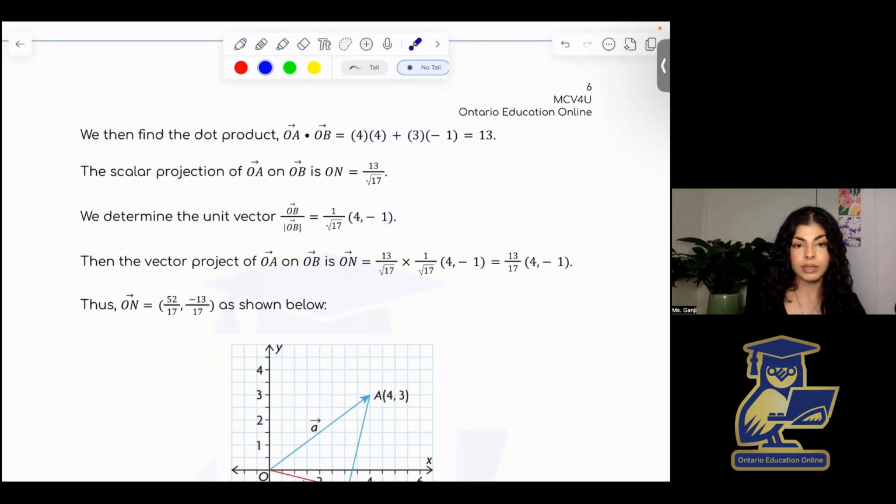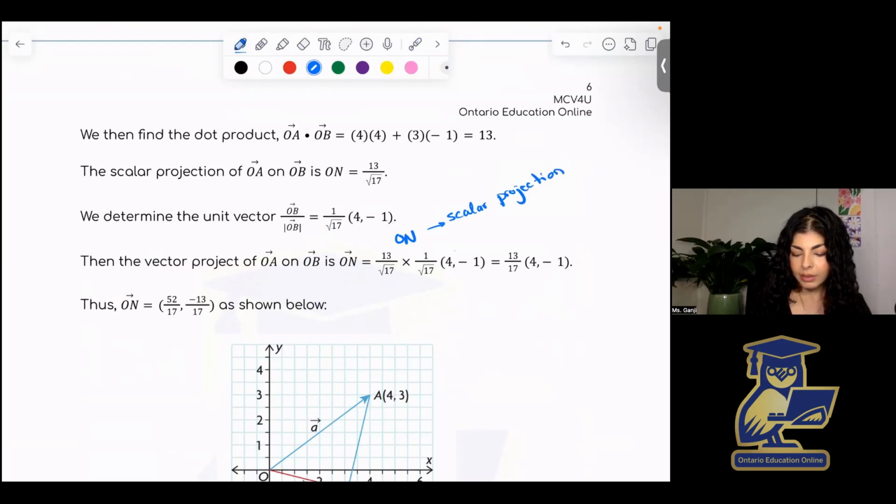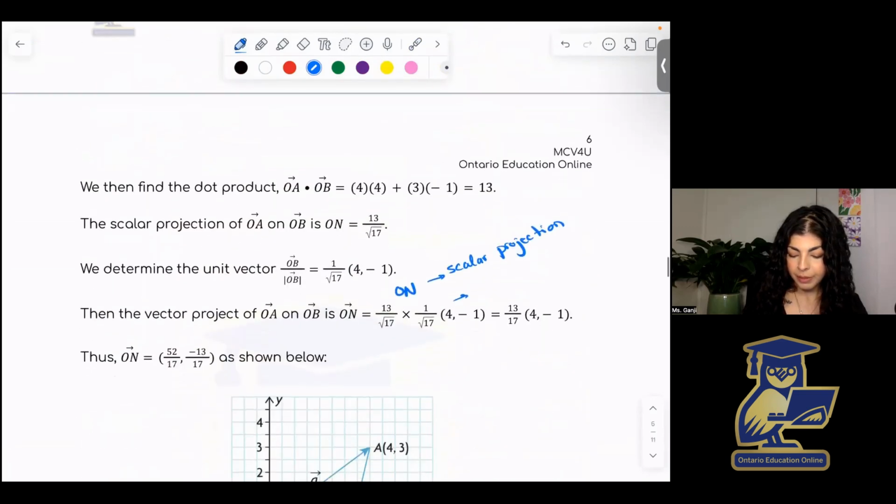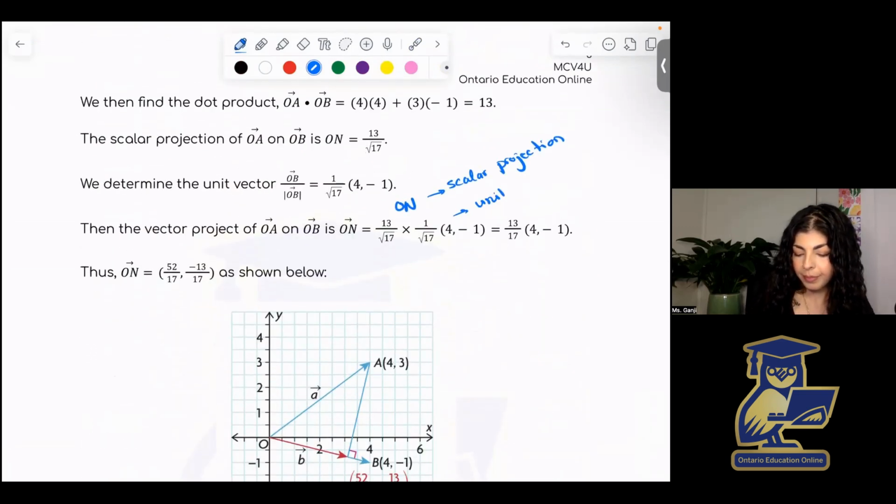Then I'm going to substitute this whole value into my vector projection of OA onto OB, which is given by vector ON. This is ON, which was the scalar projection, and this one is the unit vector in the direction of OB.